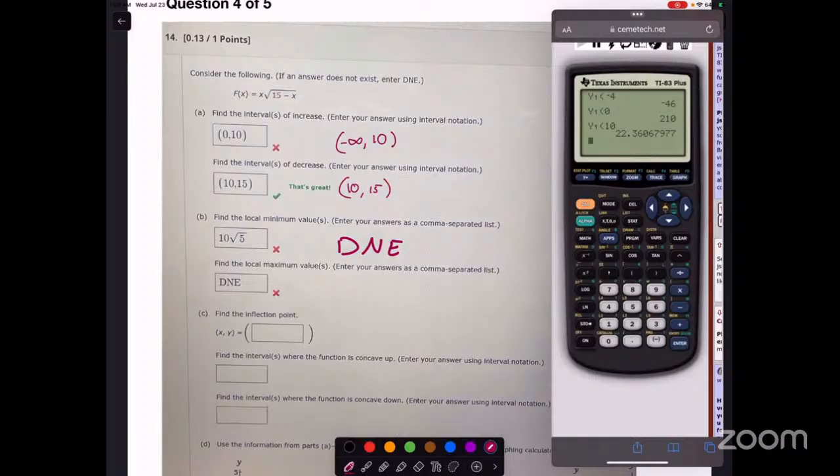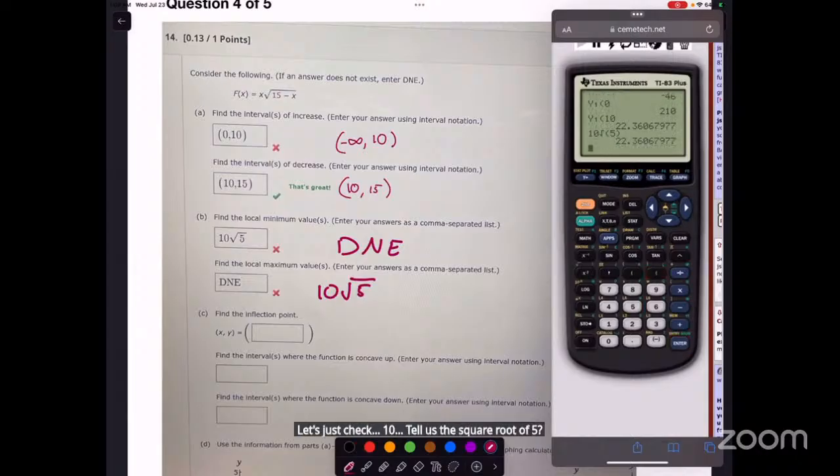When x is 10, you can say 10 times the square root of 5. Let me just check. 10 times the square root of 5. Oh, you got them backwards, I see.